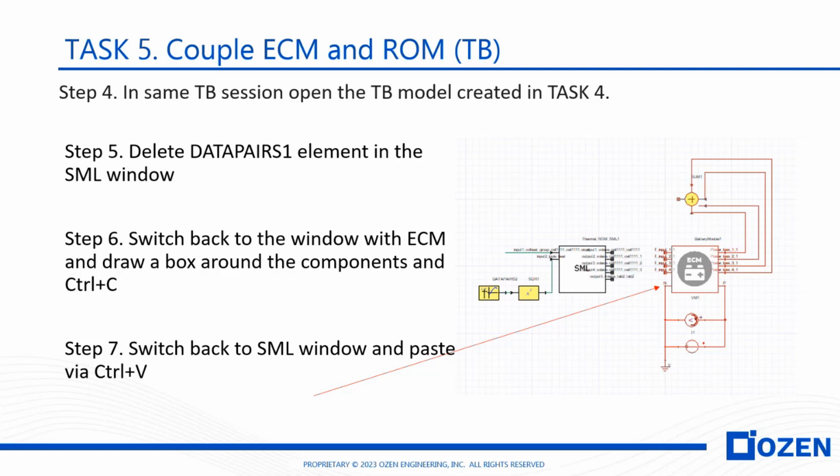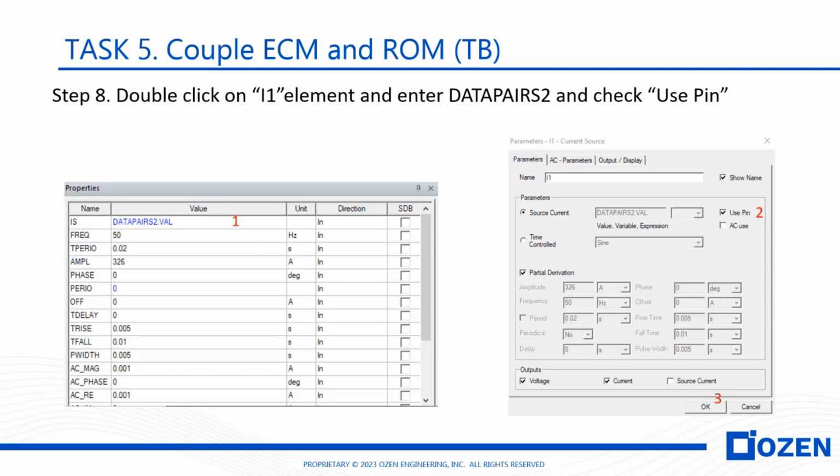And the goal here is essentially to take the TwinBuilder model from task 2, essentially our ECM model, copy it and place it into the same canvas or the same window as our RAM model. So now, the 2 systems are in a single window, which means they're in the same model. And essentially we're literally doing the coupling process.